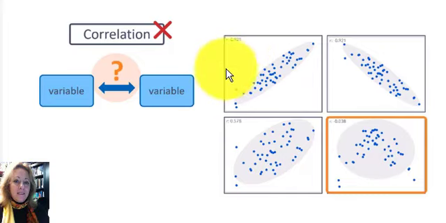It's very high, and it is a positive relationship. One of the variables goes up and the other one goes up as well. So if this is your Y, your response, and this is your predictor, you can tell there is a strong correlation between the response and the predictor, and it's a positive relationship.